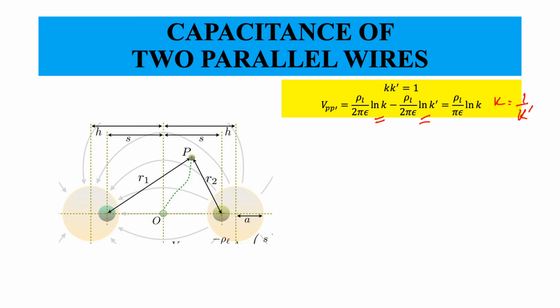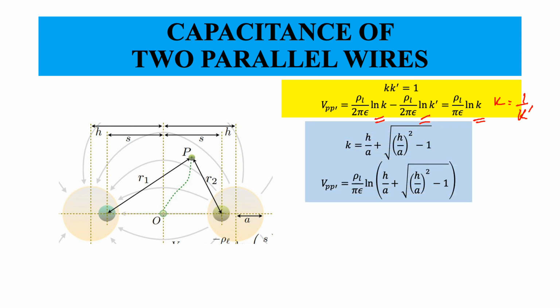You can substitute for each other and you will see that this equals rho L by pi epsilon log K, something we have already seen. Now what is K? K equals H by A plus the square root of H by A squared minus 1, because it is the positive root, so it is a plus sign. This is the value of K, so you get the potential difference V between P and P prime equal to rho L by pi epsilon log of the positive root of this quantity.